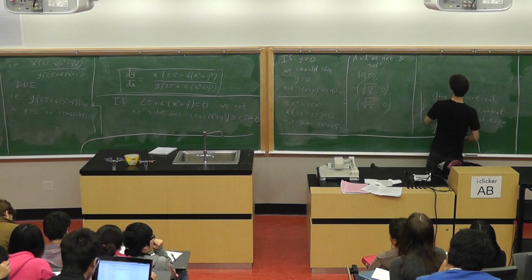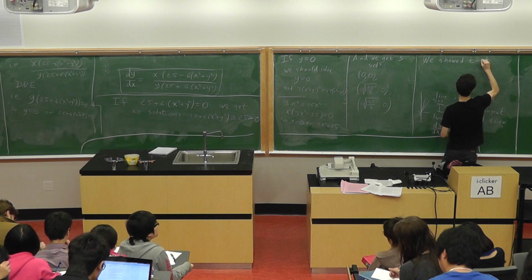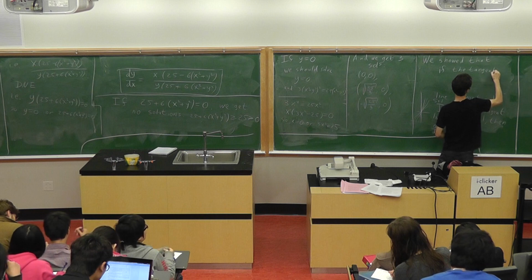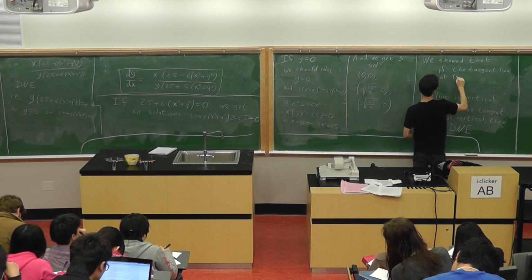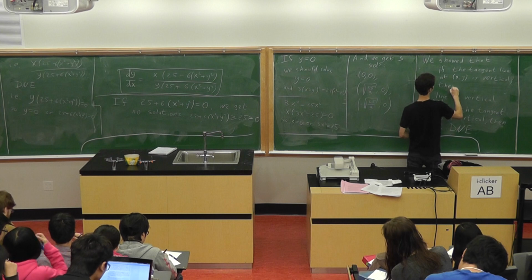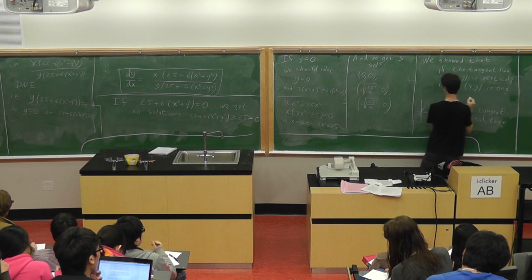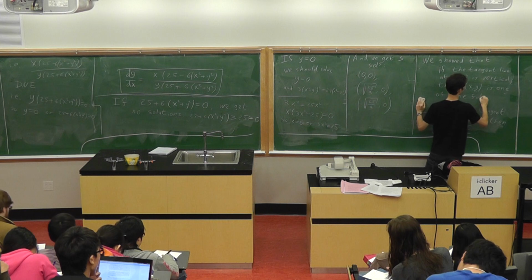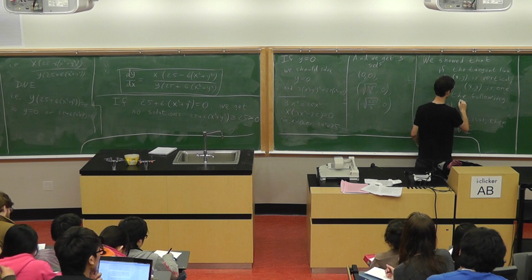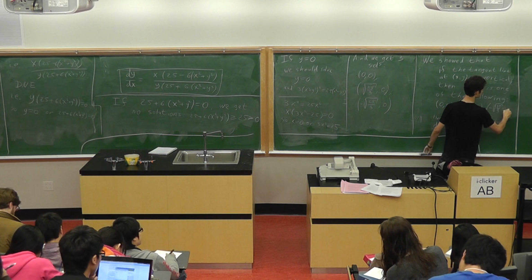So let me repeat what I just said. We showed that if the tangent line at the point (x, y) is vertical, then (x, y) is one of the following: (0, 0), (square root of 25 over 3, 0), or (negative square root of 25 over 3, 0).